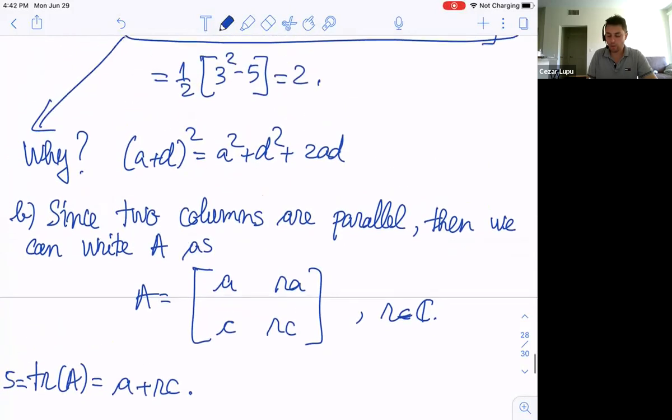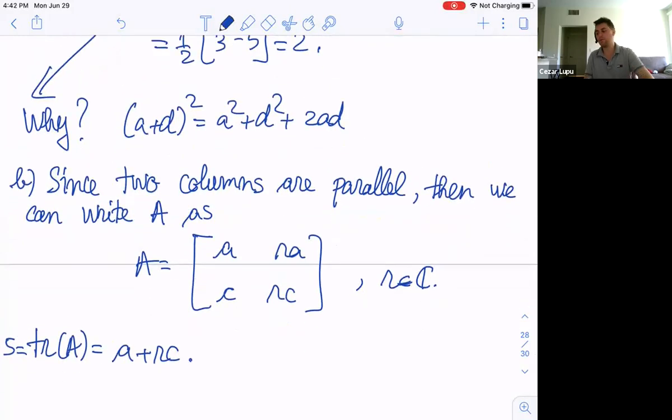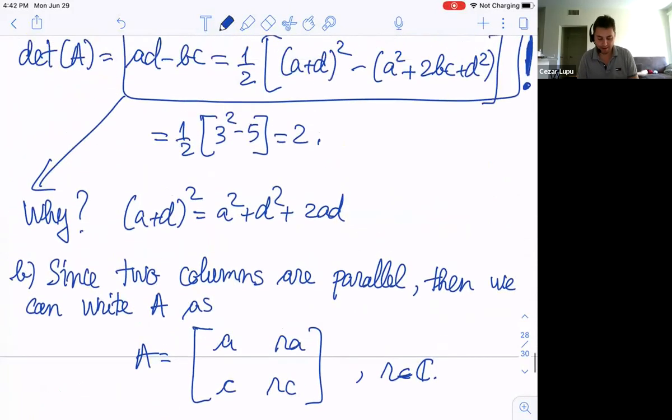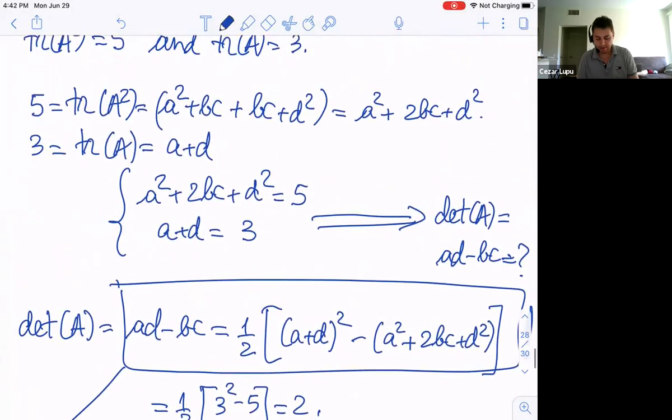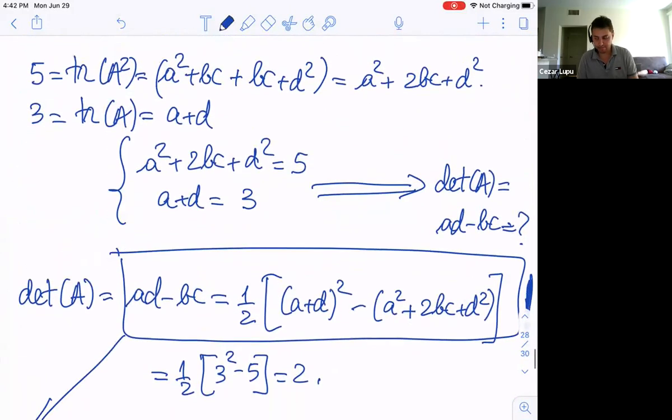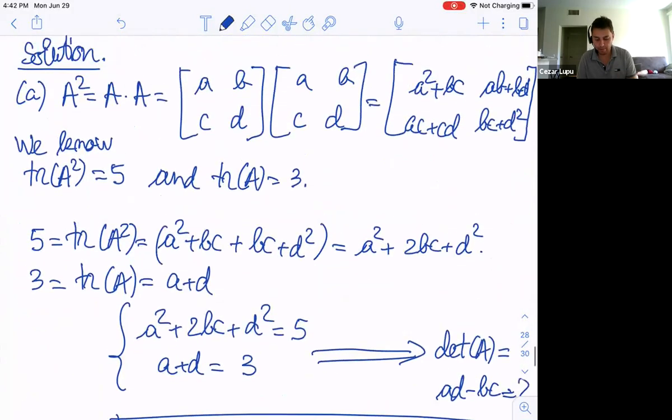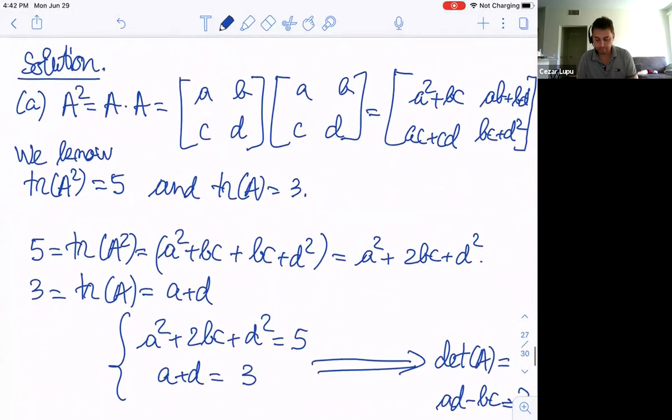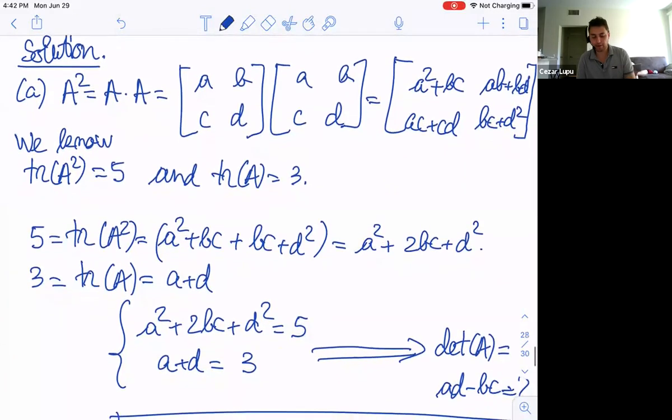And now I want to use the formula for the trace of A squared from part A, right?